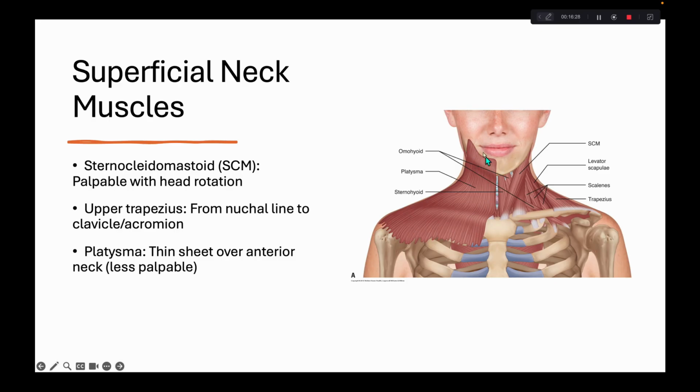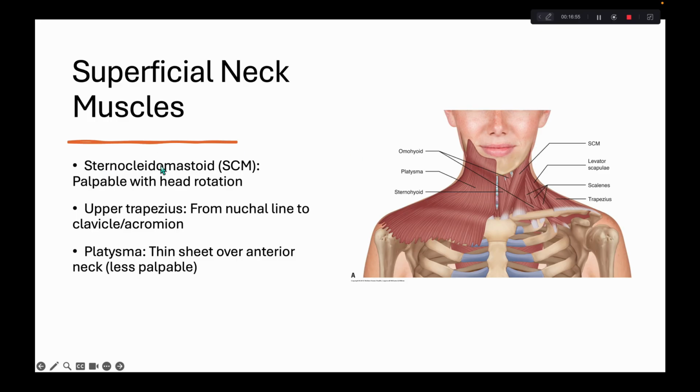It is a thin sheet over the anterior neck. A lot of times you can see the platysma when someone makes the lizard neck face. You can try to do that, and it pops your mandible out and gives you all these weird wrinkly things along that platysma. So that's what is happening there.